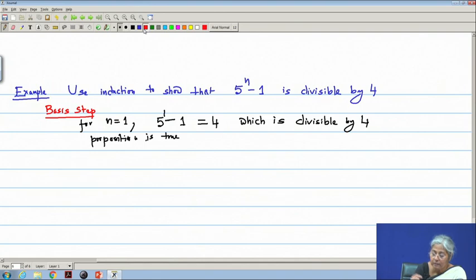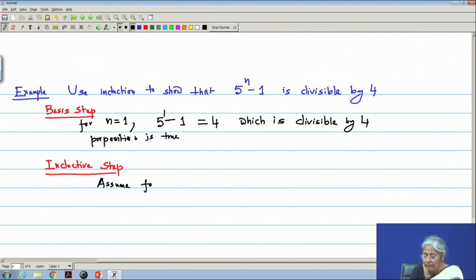Now, we see the inductive step. Assume for n, that means 5 to the power n minus 1 is divisible by 4, the proposition is true.